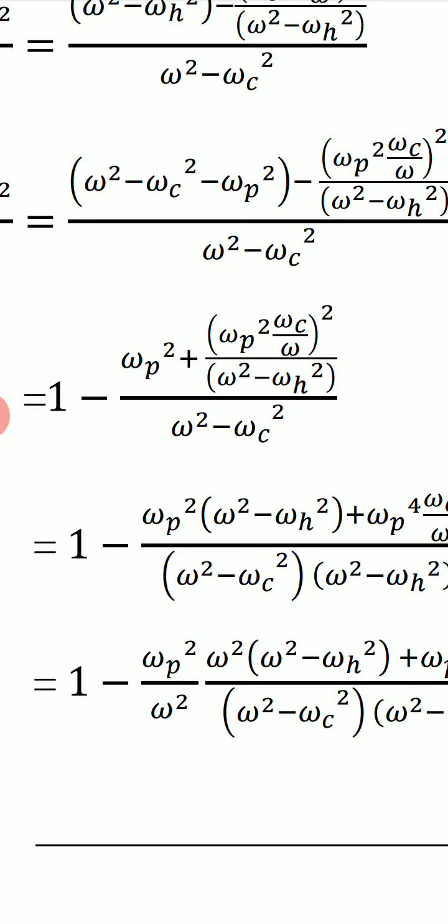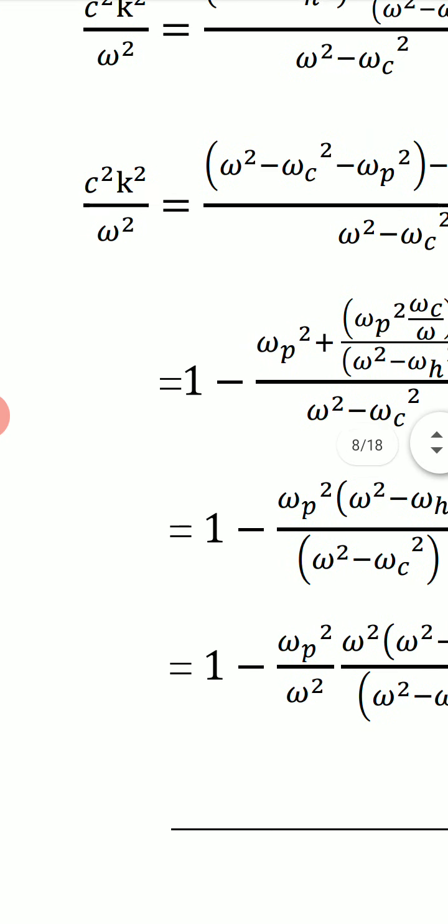Now we divide the numerator by omega square minus omega c square. It is in the denominator. We have omega square minus omega c square. So divide numerator and denominator by omega square minus omega c square.